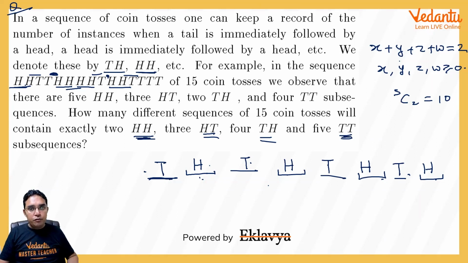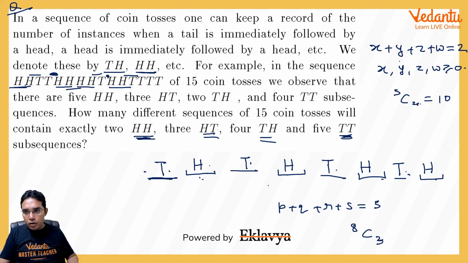Similarly, if we want 5 T, that means I have to give 5 T's to these 1, 2, 3 and 4 places. So once again, P plus Q plus R plus S is equal to 5. So 5 plus 3, 8C3 actually.